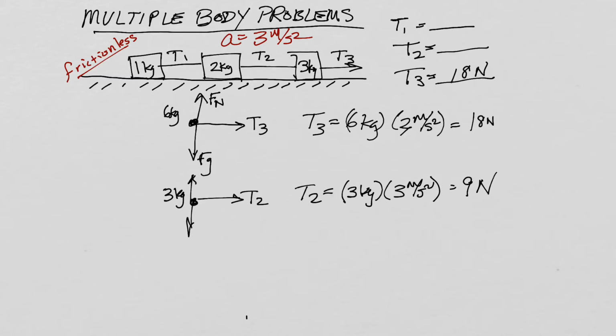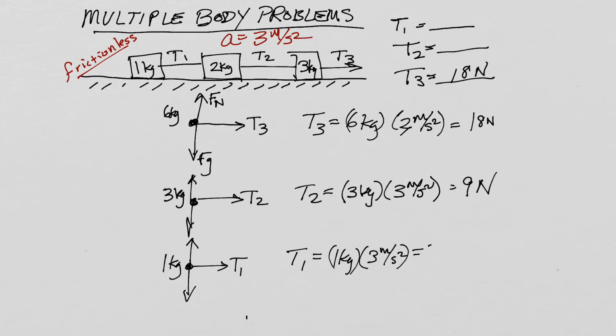So notice that this force is much, much less than the other one because you're pulling much less mass. Lastly, I can look at the very far left. I have a 1 kilogram mass being pulled with T1. I have a normal force and a weight again, but I really don't care about those. So here T1 equals 1 kilogram times 3 meters per second squared.